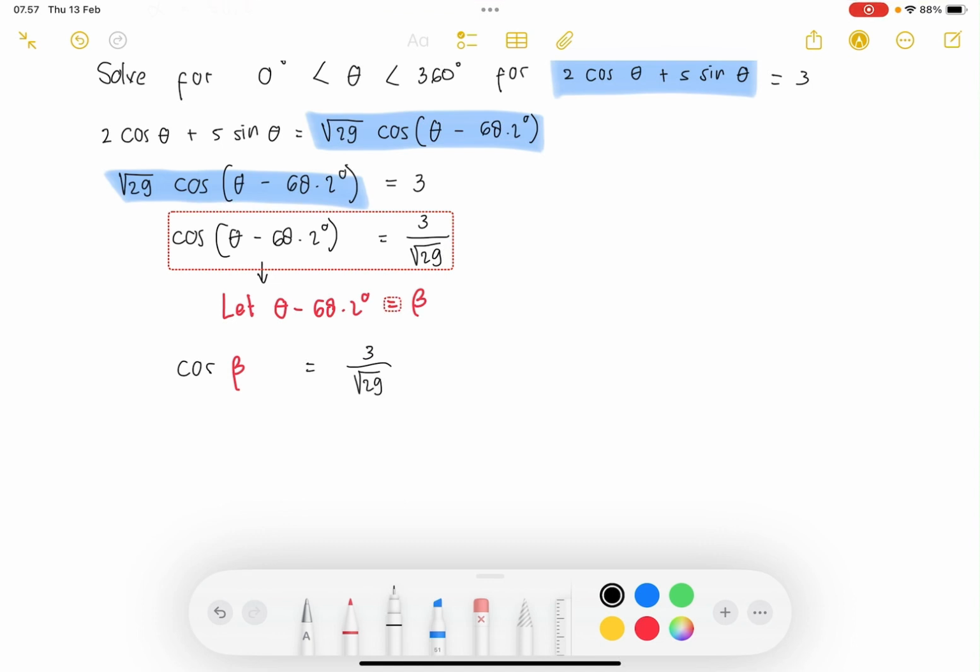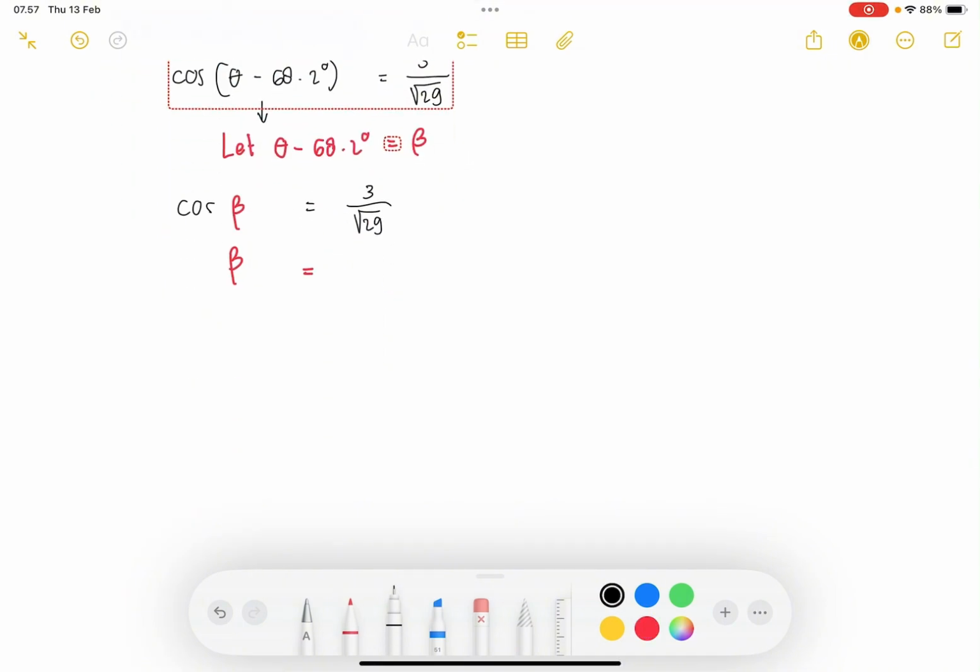If we are going to find the beta, we will come up with the value of arccos of 3 over root 29. If you use your calculator, you will come up with the value of 56.1 degrees for beta. But is that beta what we are going to find?